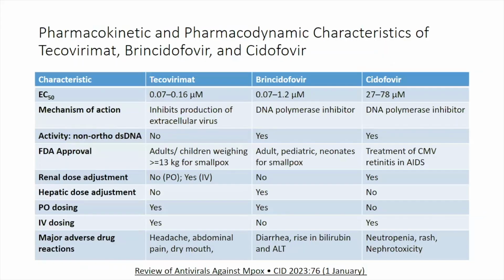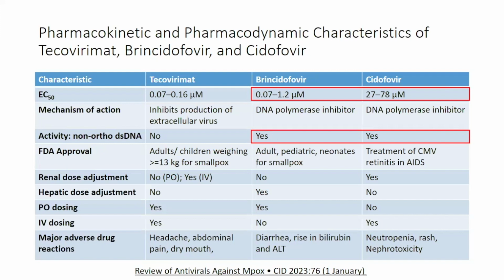So if you look with me, this is a comparison between tecovirimat, brincidofovir, and cidofovir, because you may be asked the question as to which one you want to start, or on which grounds, if you have got access to the three agents. Brincidofovir and cidofovir are both broad-spectrum antivirals, so they are effective against many double-stranded DNA viruses, including herpes and adenoviruses, and the orthopox viruses, of course.